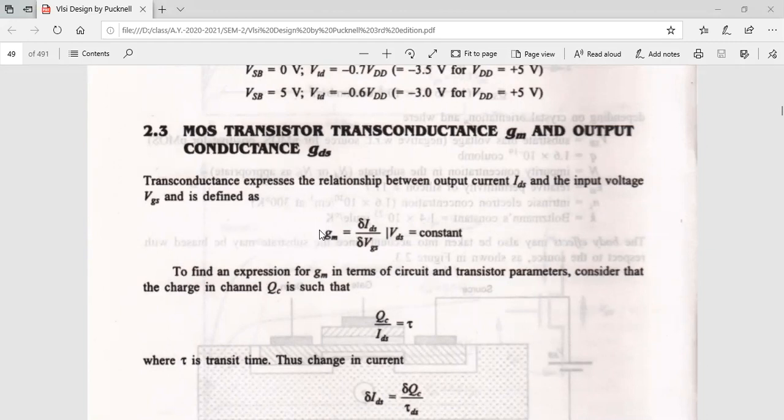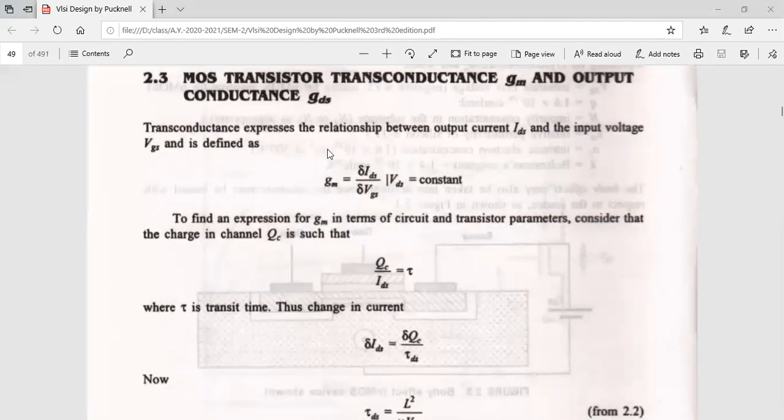So this transconductance can have an equation like this. Transconductance, indicated as GM, is the minute change in IDS with respect to the minute change in VGS, keeping the drain to source voltage constant. Okay, change in IDS with respect to the change in VGS, keeping VDS constant.